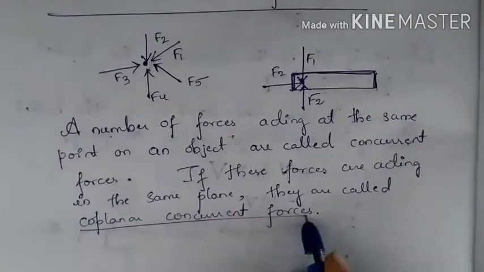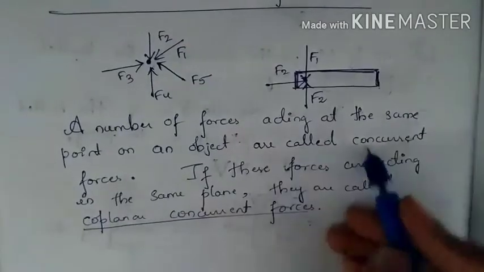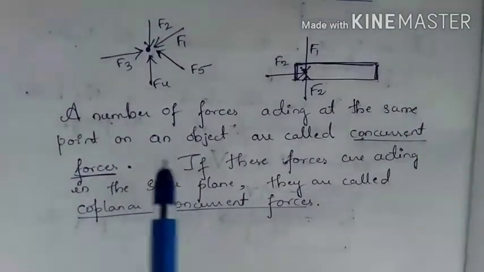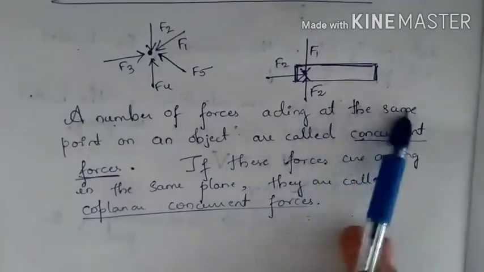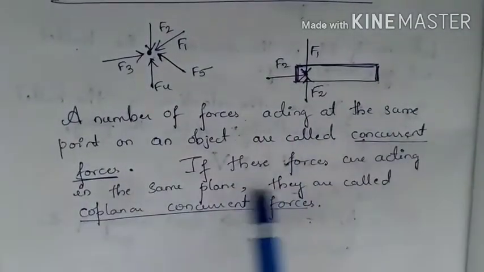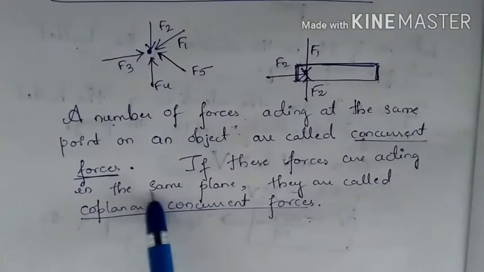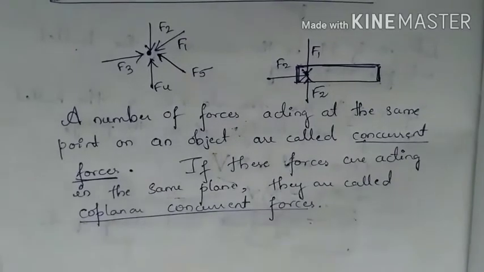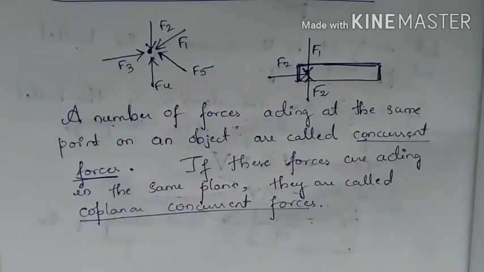Clear? So you have coplanar concurrent forces and you have concurrent forces. Concurrent forces are a number of forces acting at the same point on an object. If these forces act in the same plane, then they are called coplanar concurrent forces.